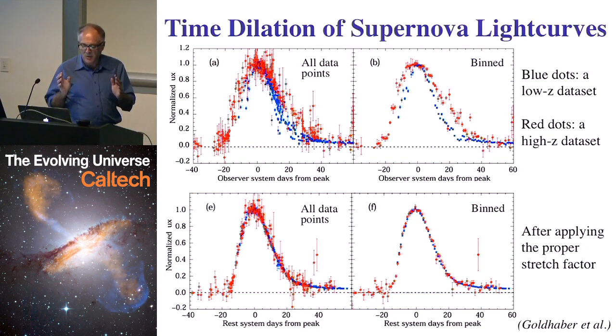Now, if you correct each one of those to be stretched by a factor of 1+z because clocks tick slower there, suddenly they line up beautifully on a light curve. So this can be done in the opposite sense, and that too provides a clear demonstration that yes, the universe is expanding.